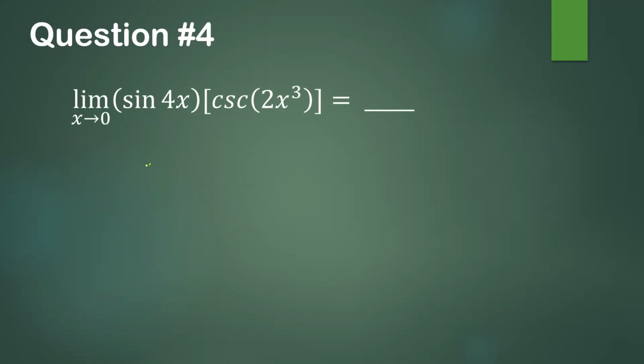Okay, so we have sine 4x. Let's still write the limit as x approaches 0. Cosecant is 1 over sine, so 1 over sine of 2x cubed. So we need 2x cubed also, so we multiply by 2x cubed.